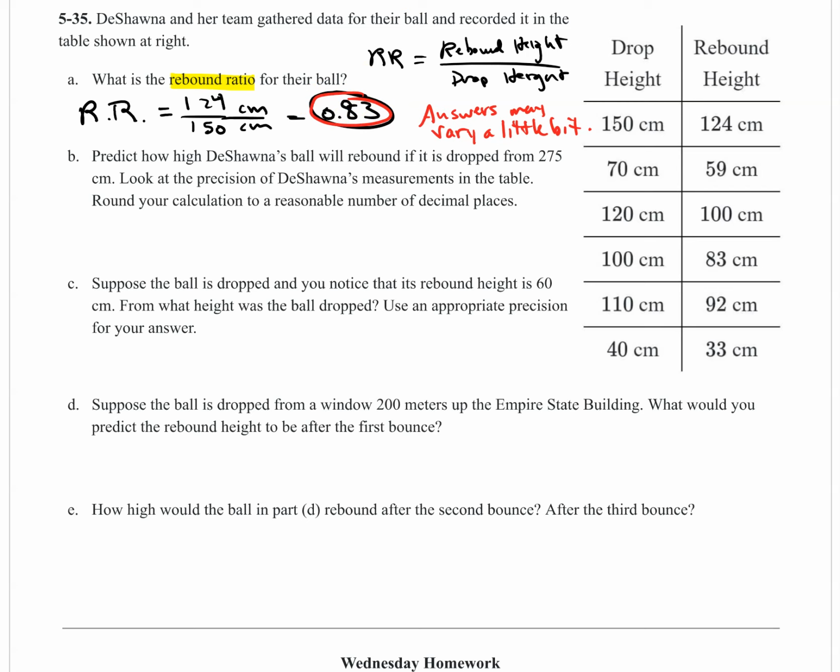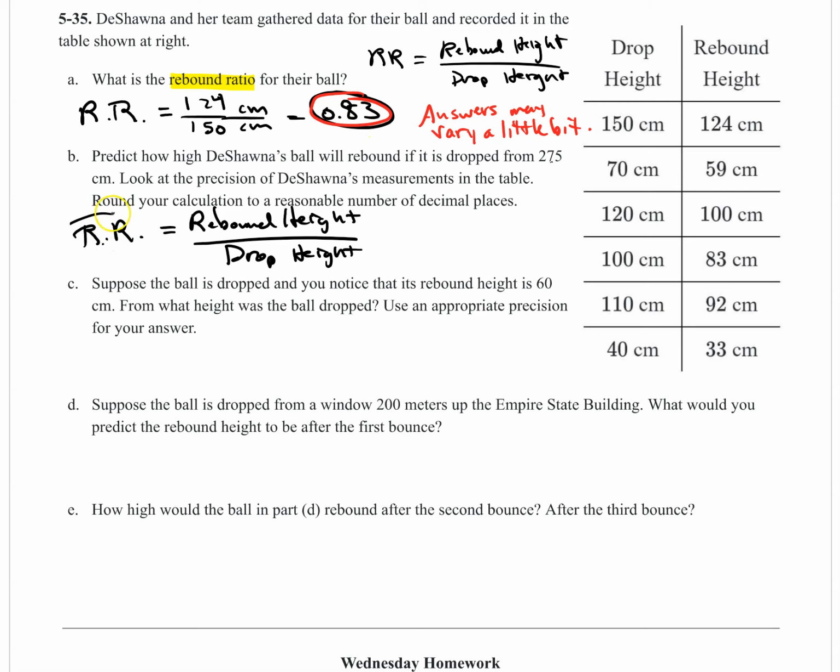Part B. Predict how high Deshauna's ball will rebound if it is dropped from 275 centimeters. Okay, so the rebound ratio is equal to the rebound height divided by the drop height. Alright, we know what the rebound ratio is.